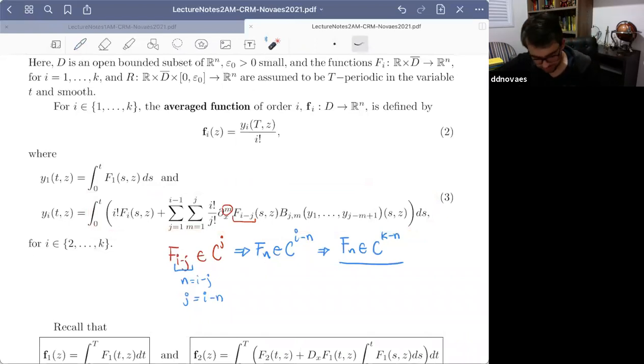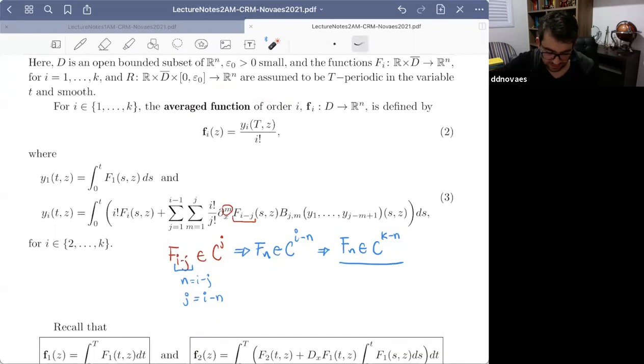Okay, so the question is, how is the lesser regularity context such that this formula still provides information about bifurcations of periodic solutions?